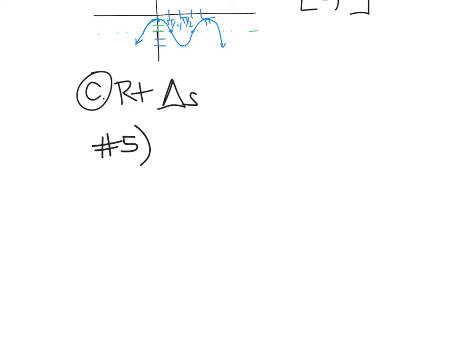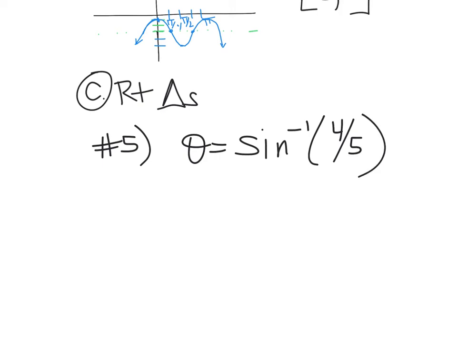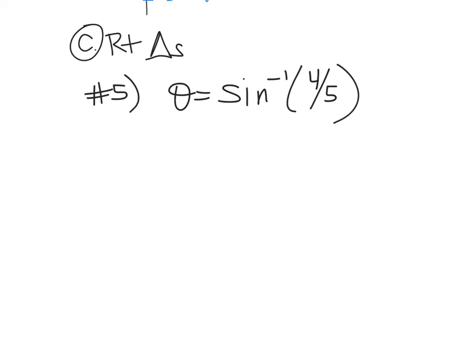Okay, it says here that theta is equal to the sine inverse of 4/5. So you just plug that in your little calculator, right? No, it's not asking for that. So it's asking you to find all 6 trig functions of theta.